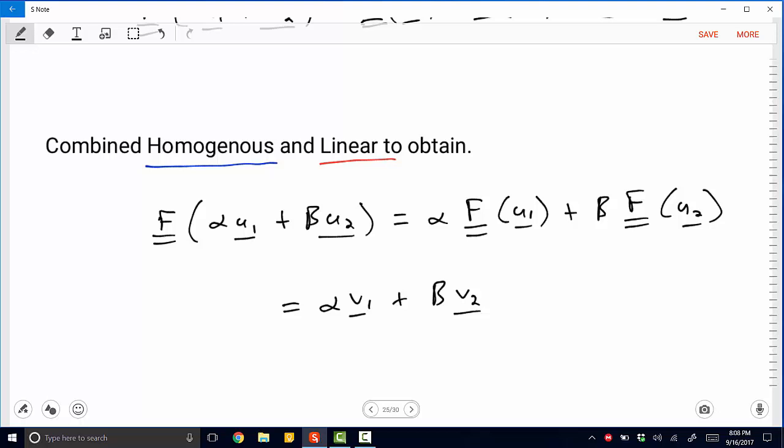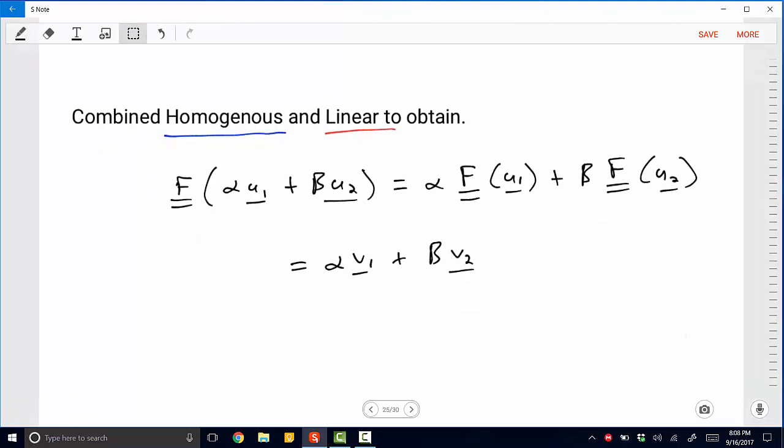So these rules here and these relationships really help us to evaluate our tensors.